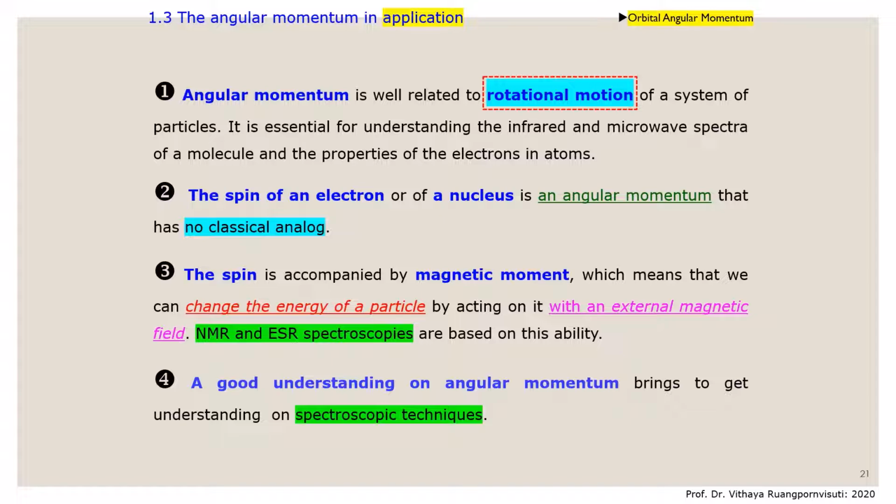The second, the electron spin or nuclear spin is an angular momentum that has no classical analog. The third, the spin is accompanied by a magnetic moment, which means that we can change the energy of the particle by acting on it with an external magnetic field.